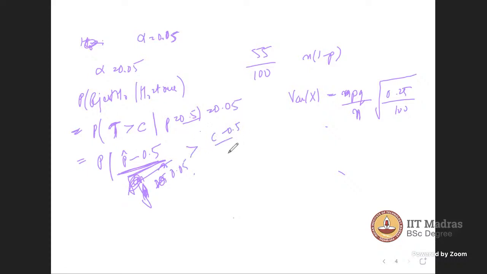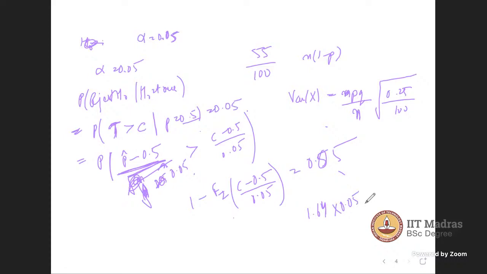Plus 0.5 comes to 0.564 plus 0.5. C is 0.55.